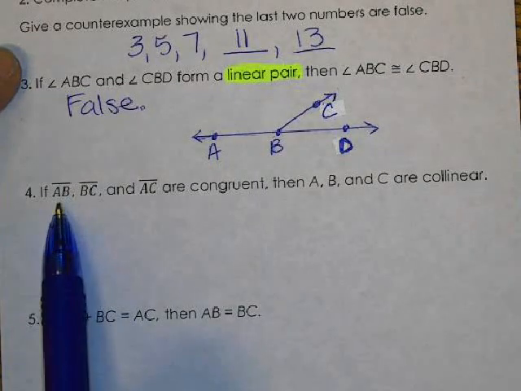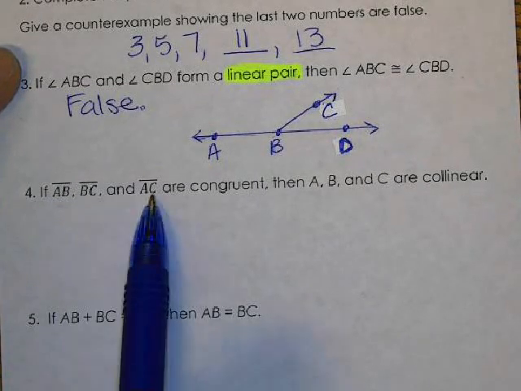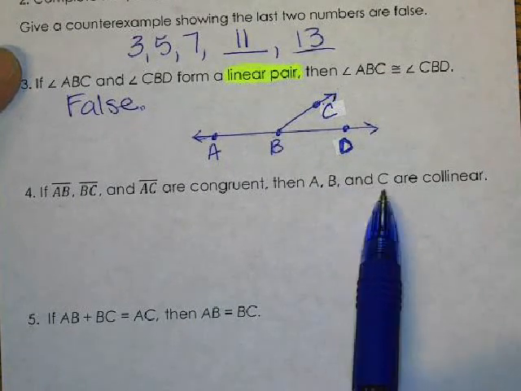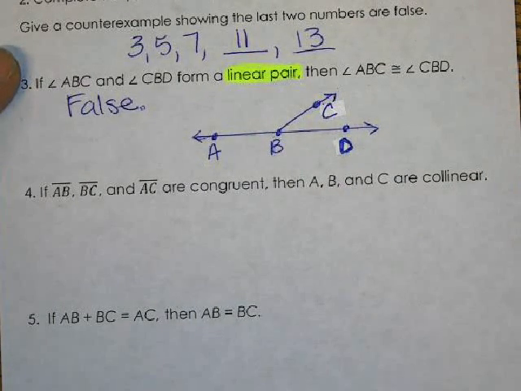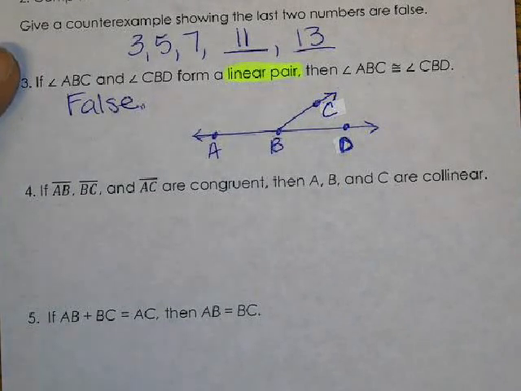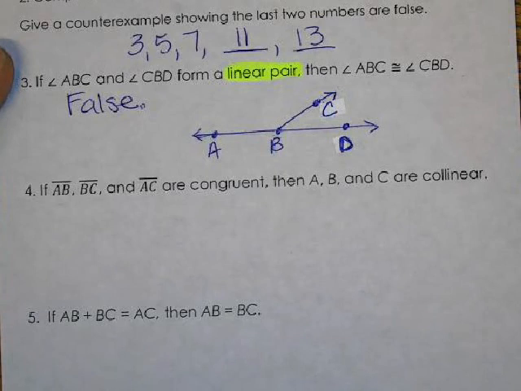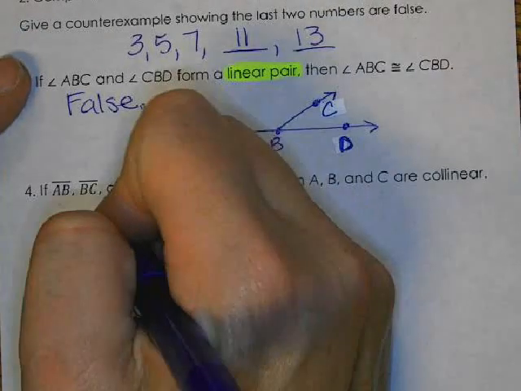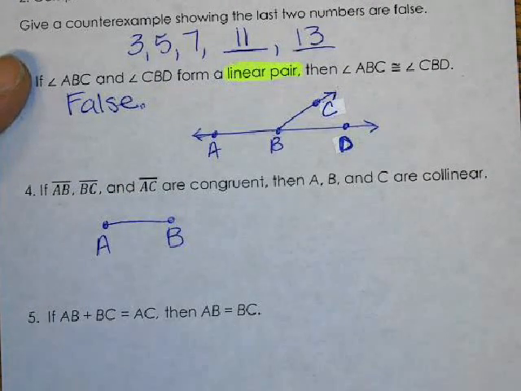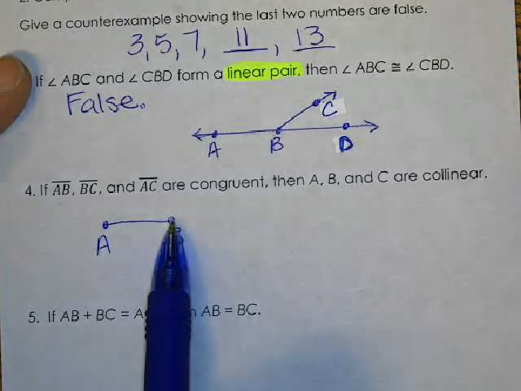Alright, look at number 4. It says, if AB, BC, and AC are all congruent, then A, B, and C are collinear. Is this true or is this false? What I recommend you do is you draw a picture. Pause the video and draw your picture now. Okay, so I'm going to draw AB, and then how can I draw BC?